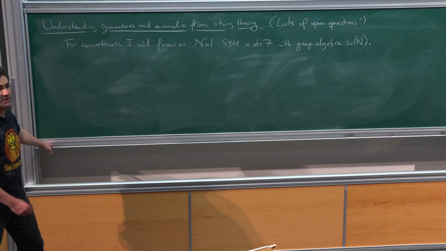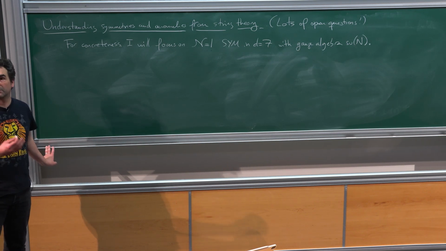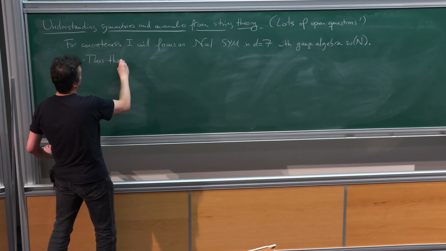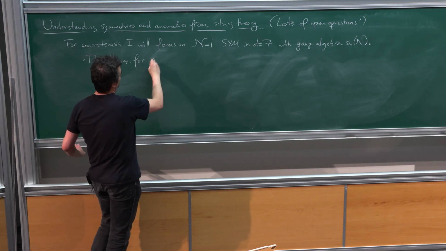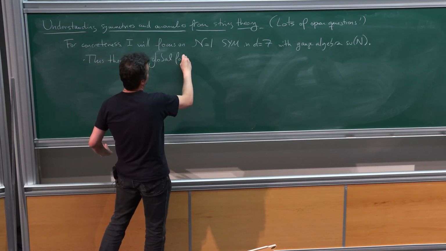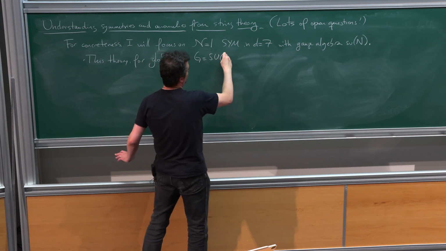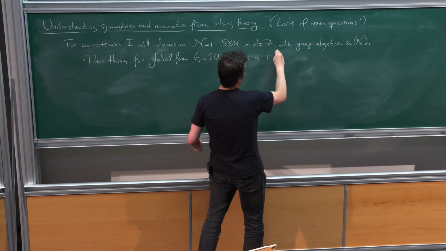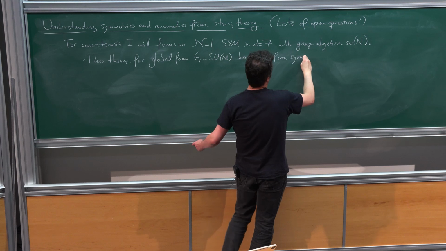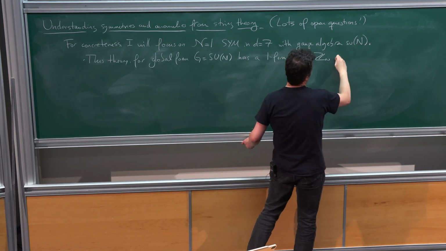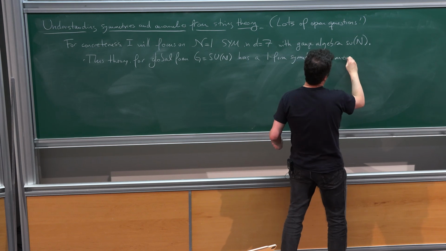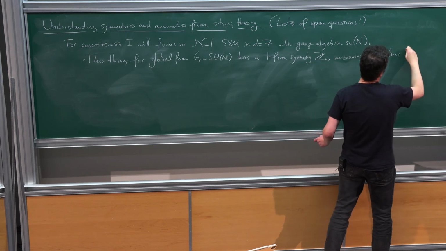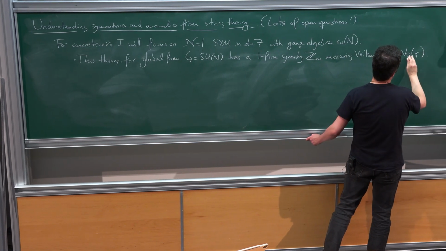Okay. I'm going to make some statements, and I would like to know how familiar they are, to know how deeply I have to go into them. So this theory, if I choose the global form of the gauge group G to be SU(N) as a group, now that was an algebra, this is a group, has a one-form symmetry, Z_N, measuring Wilson lines in the fundamental.